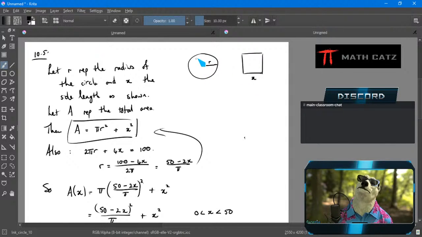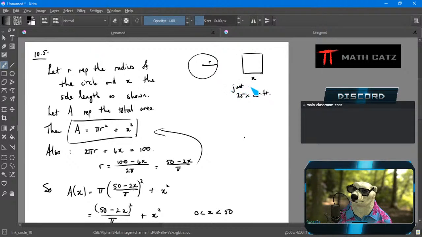If I don't have a circle, I just have a square, the maximum area is sort of fixed, right? I have 100 feet all around, 4 side lengths, so 25 by 25 foot square. That's the one extreme.